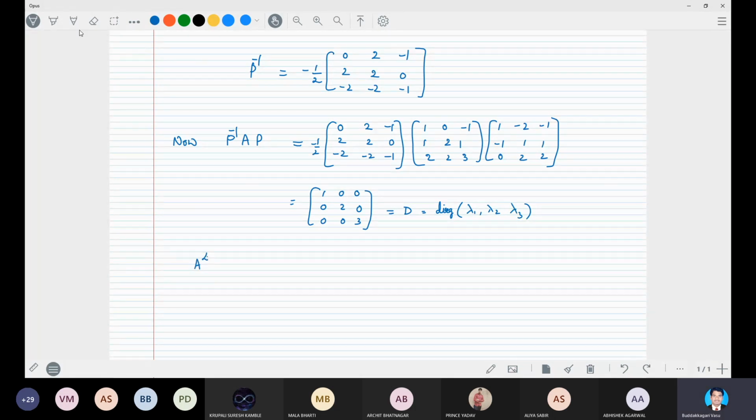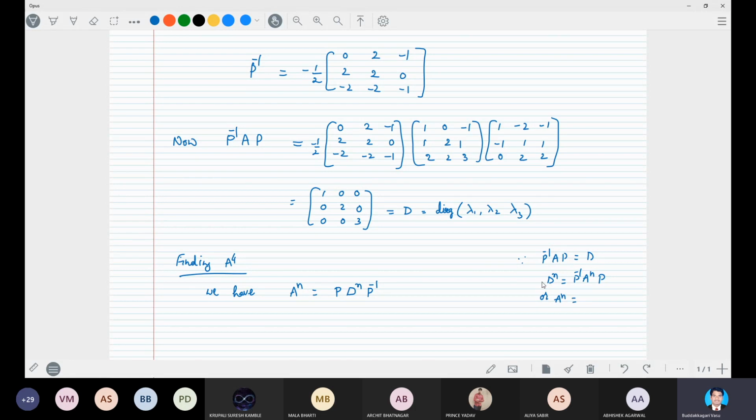How can we find it? We know that P inverse AP is equal to D. We can rewrite it: A power n is equal to P into D power n into P inverse, since P inverse A power n into P is D power n.